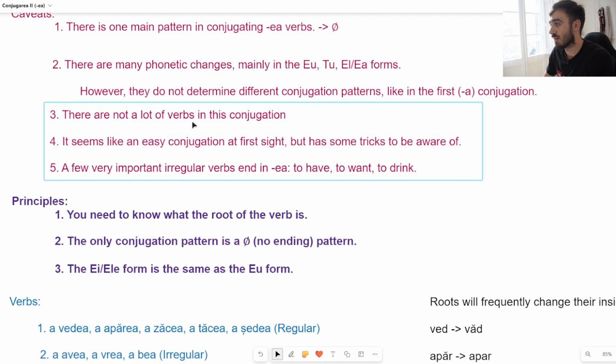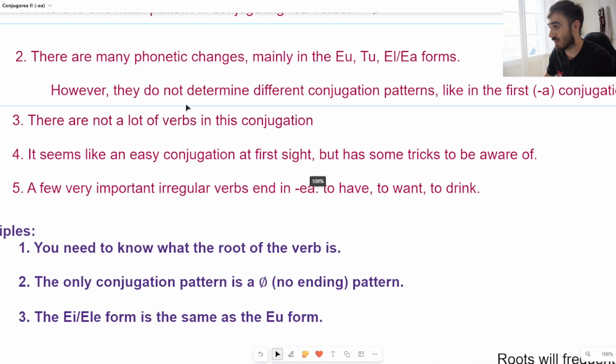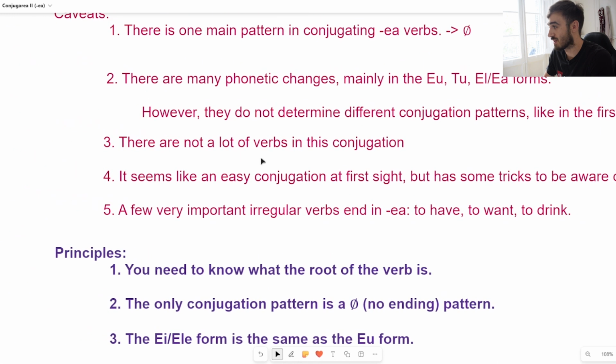Then there are not a lot of verbs in the conjugation. We're lucky to have this caveat here, because even though you might see a lot of irregularities happening with the verbs that are in this conjugation, you will not have a lot, and specifically you will not have a lot that you will use in this conjugation.